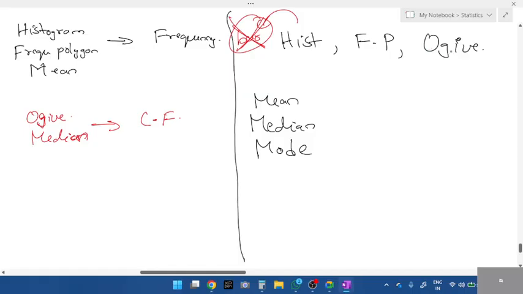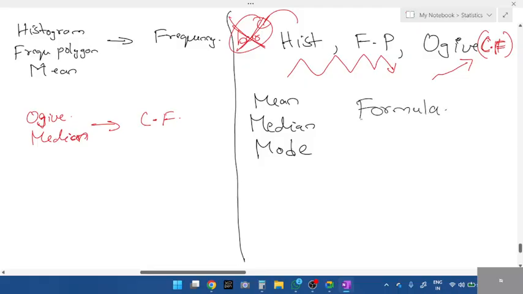When it comes to ogive graph, what's the other name for ogive graph, students? The other name for ogive graph is cumulative frequency graph. Remember, ogive graph will keep on increasing. The values will keep increasing. Histogram and frequency polygon, it will keep increasing and decreasing, fluctuating. Next, when it comes to mean, median, mode, we have two types of questions here. One, formula based.